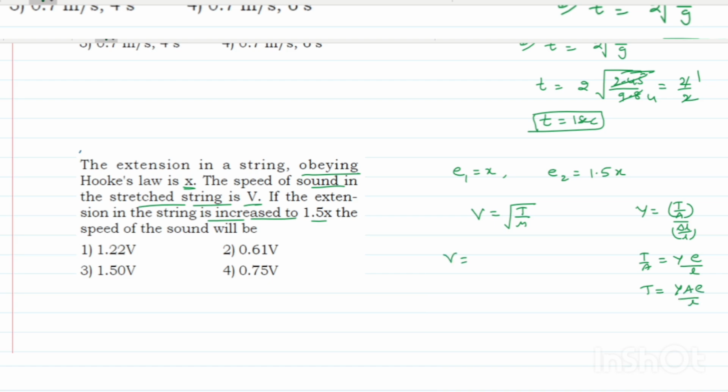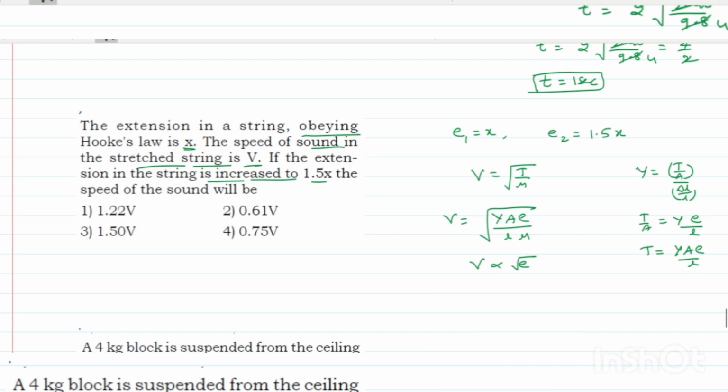So V, the speed, equals root over Y into A into E by L into mu, instead of T. With this you can relate that V is directly proportional to root E. Now substitute the values: V2 by V1 equals root over E2 by E1, the elongation.